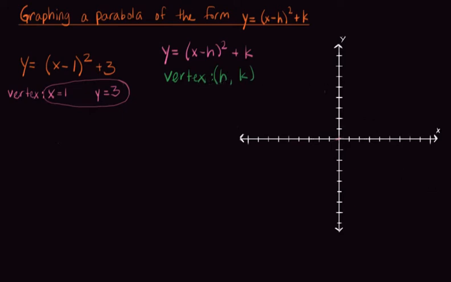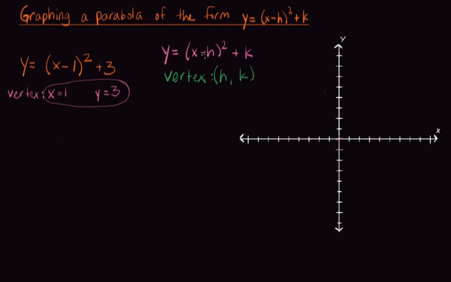So that gives us a great way to start to graph the parabola. So let's go ahead and see how we would graph this. So notice that the vertex here is where this equals 0, or in other words, it's the opposite sign here. So if it's x minus 1, then x equals 1 is where it equals 0.